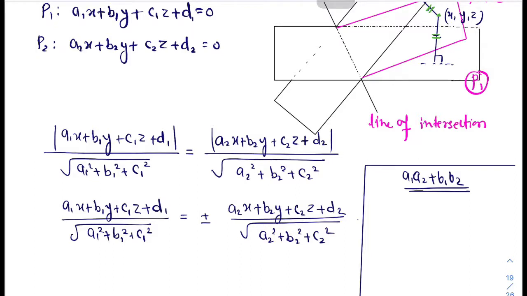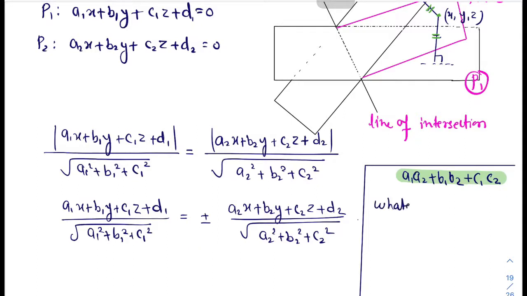In this case, one extra term is there, that is c1 into c2. So you need to calculate a1 a2 plus b1 b2 plus c1 c2, and by considering that sign here, you're going to get the obtuse angle bisector.